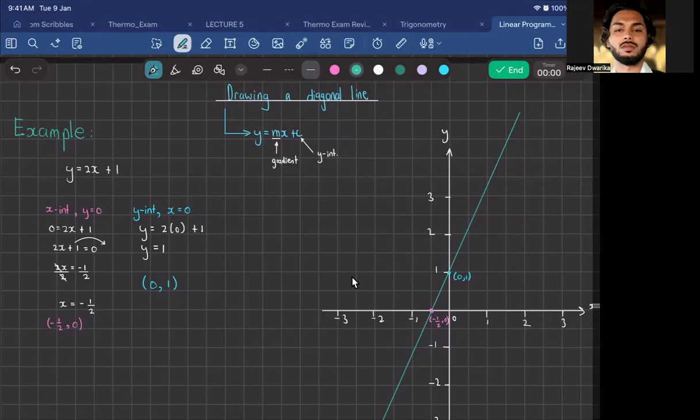So tell me, Perseus, how would you find the x-intercept? y equals mx plus c. No. All right, Perseus, what do we know about the x-intercept?